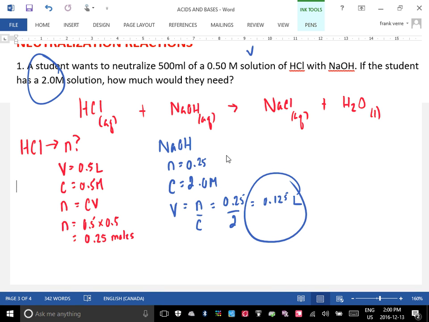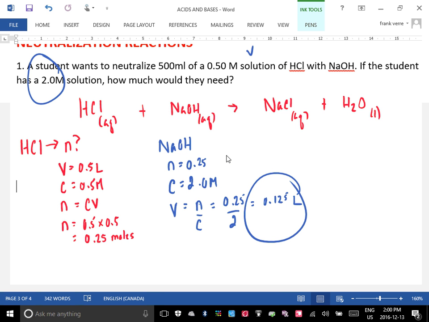And I know that I will have 0.25 moles of hydrogen ions and 0.25 moles of chloride ions, right? But if I have a weak base, then I gotta remember that my base will not completely dissociate. So I can't expect the same amount to neutralize the acid. I need more of it because not all of it is going to dissociate. Most of it won't. And again, that's something that you'll deal with in grade 12.